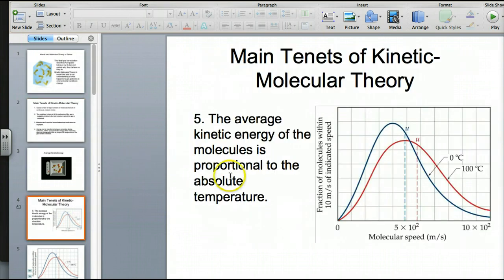Now, as we've talked about already, the average kinetic energy of a molecule, and this is again explaining why they behave, is proportional to absolute temperature. We've drawn and talked about these Boltzmann distribution graphs in other lectures. You can see that for a gas at higher temperature, the area under the curve is stretched out.